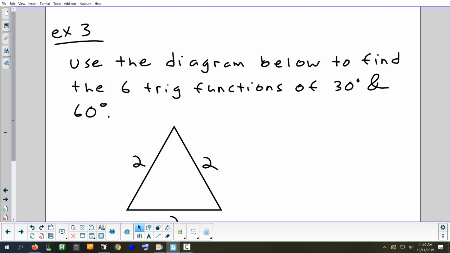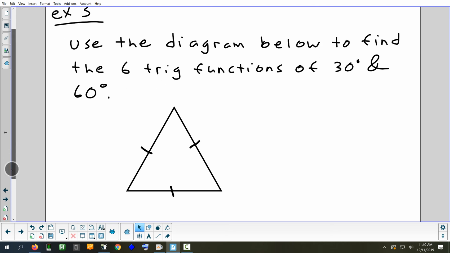All right. So, let's say I gave you this problem. And I said to you, find the 6 trig functions of a 30-degree angle. And my hint is to start with that. What kind of triangle is that?